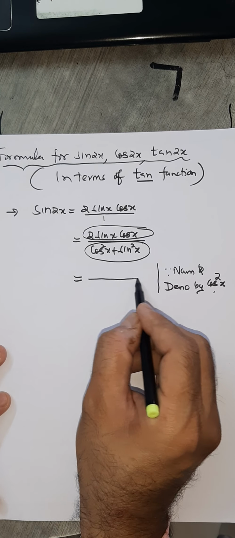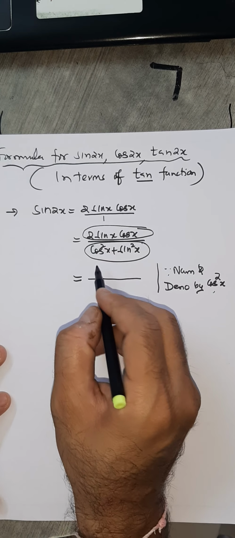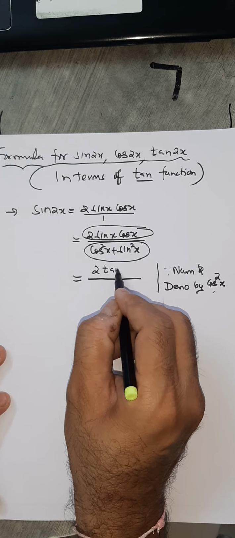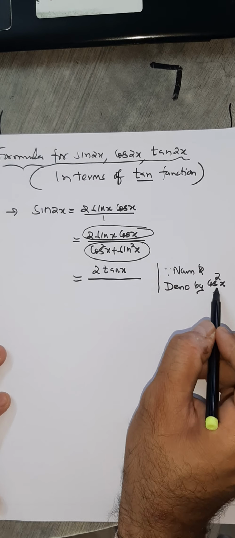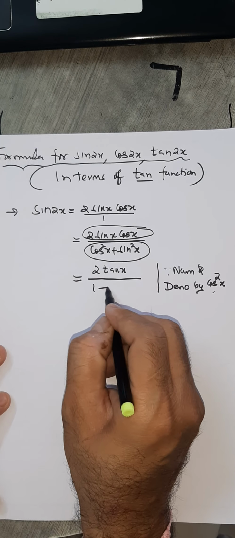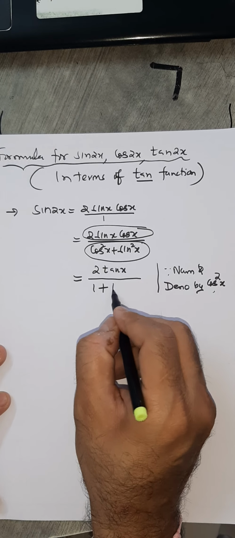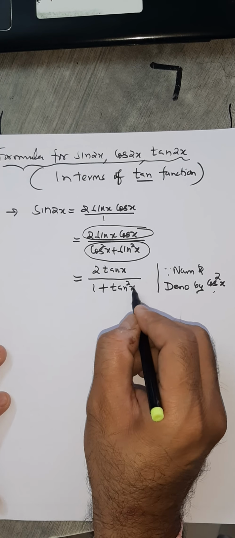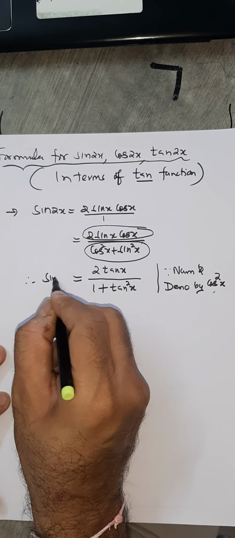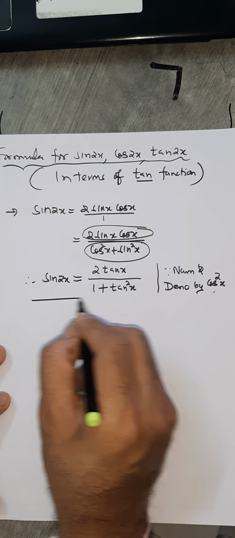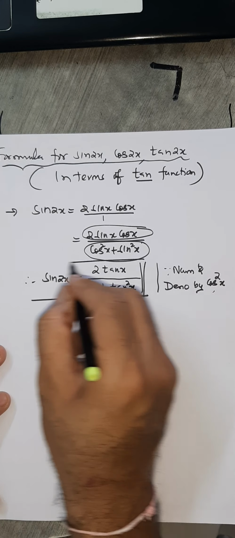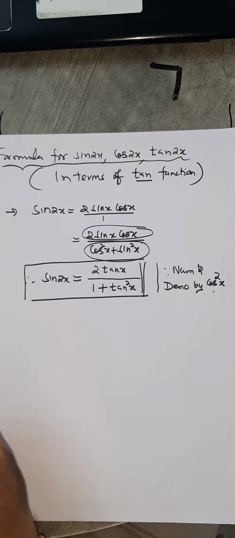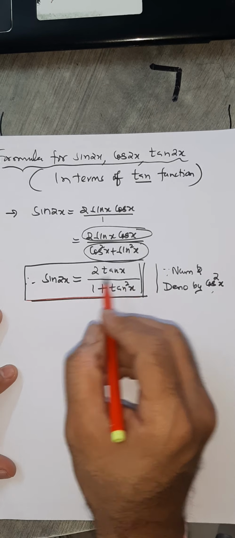If I divide by cos square, one cos will get cancelled, sine upon cos, which is 2 tan x. In the denominator, cos square will get cancelled, so here 1 plus sine square upon cos square, which is tan square. So this is the formula for sine 2x.